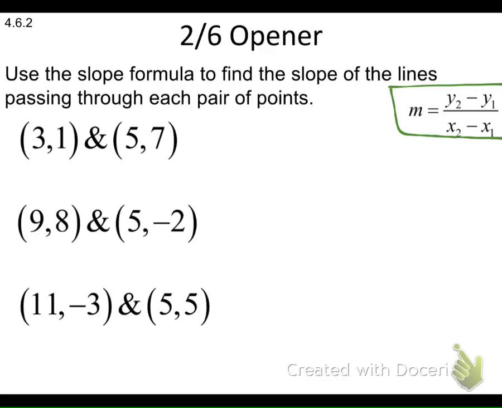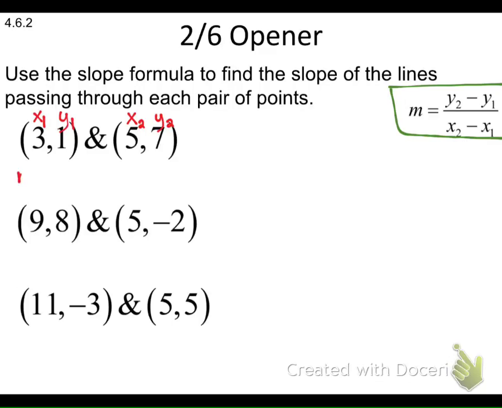So the first thing that I recommend that you do is look at your ordered pairs. An ordered pair is made up of what variables? X and Y. So I'm labeling my ordered pairs. Because this is my first ordered pair, they're going to be labeled 1s. My second ordered pair will be labeled 2s. Now, I use my slope formula to find what the slope is going to be.